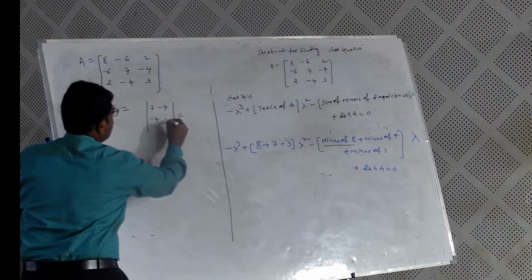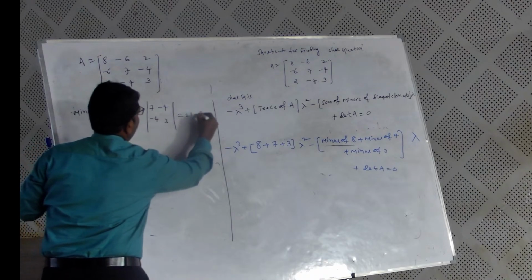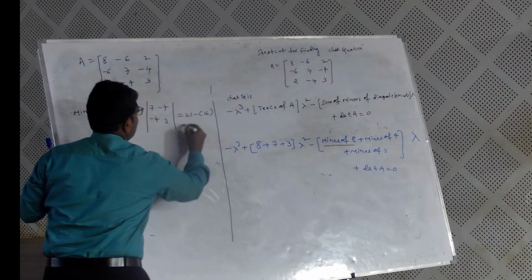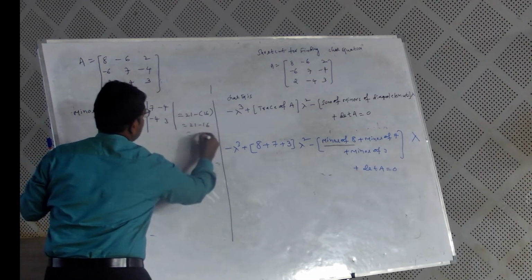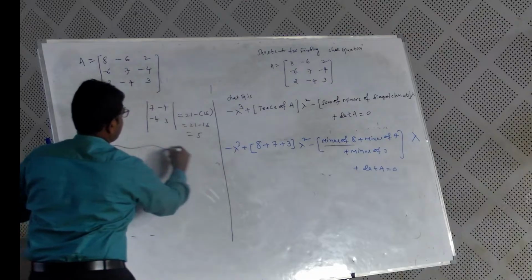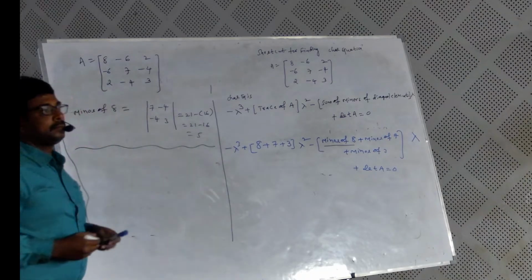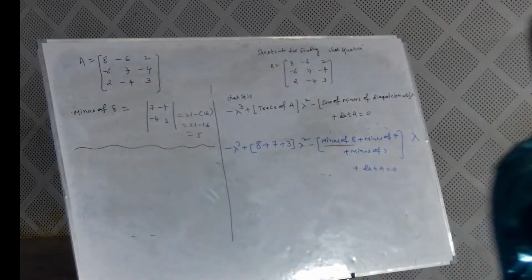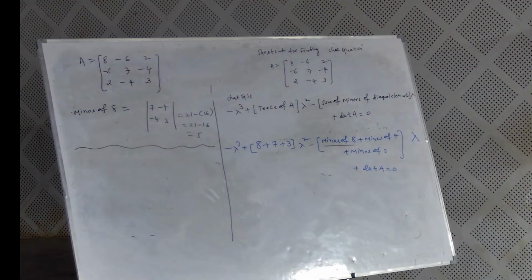Okay, 7 into 3, minus 4 into minus 4 is 16. 21 minus 16 is 5. 7 threes are 21, minus 4 into minus 4 is plus 16.